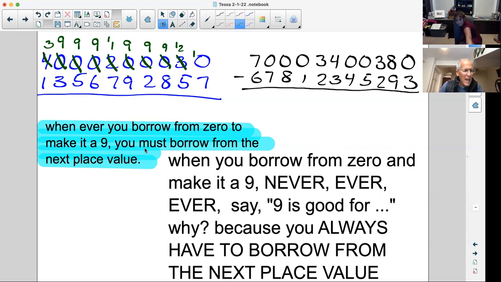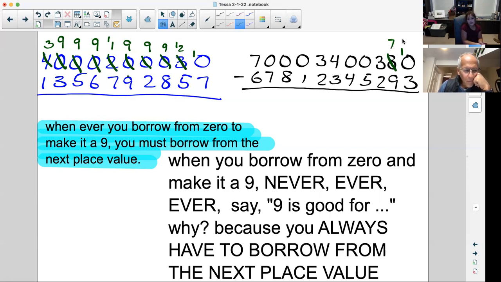You can never say a number is too small for another number unless you first do the borrowing. Like on the first part, 0 is too small for 3, so I make the 0 into a 10, which I have to borrow from 8, so the 8 becomes a 7.